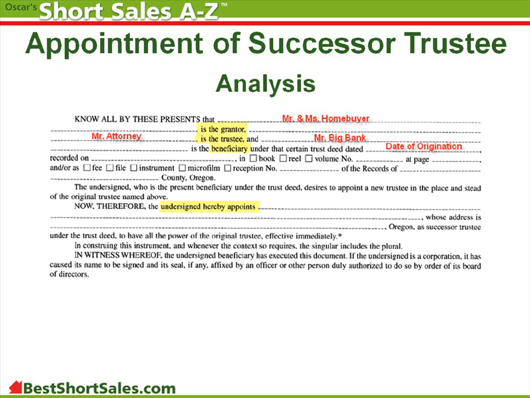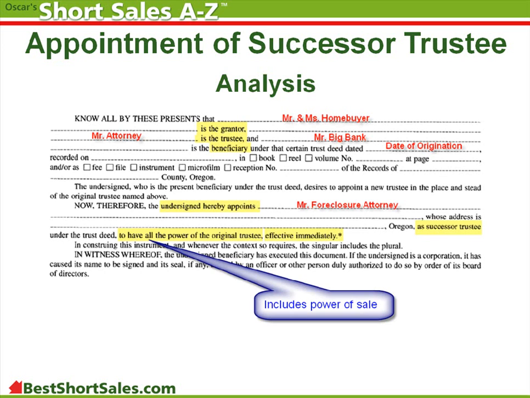The undersigned hereby appoints Mr. Foreclosure Attorney. This is the foreclosure trustee, as successor trustee to have all the power of the original trustee effective immediately. This includes the power of sale.